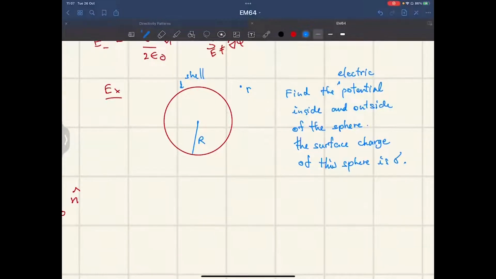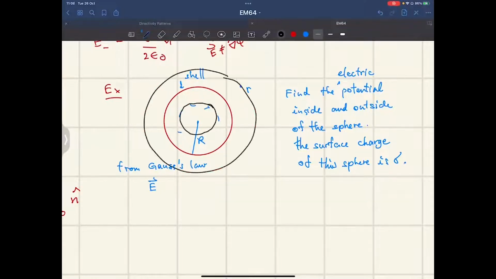So we know that from Gauss's law, we can find the E field inside by creating a Gaussian surface inside, and we can find the E field outside by creating a Gaussian surface outside.